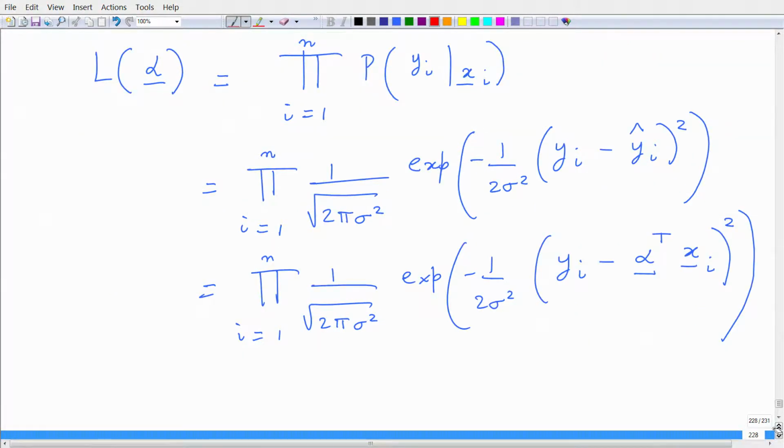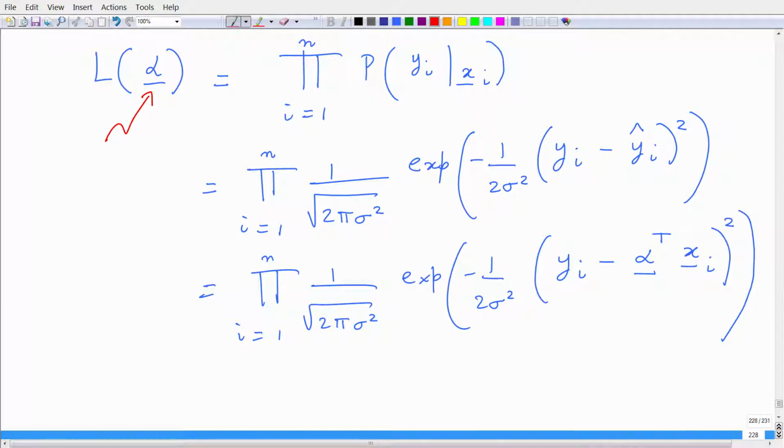Now, let us formulate the likelihood function in terms of the parameter. Our parameter here is alpha that we need to estimate. Assuming they are IID, I can take the product, i going from 1 to n, of the probability of this observation yi given xi. Now, I simplify this.